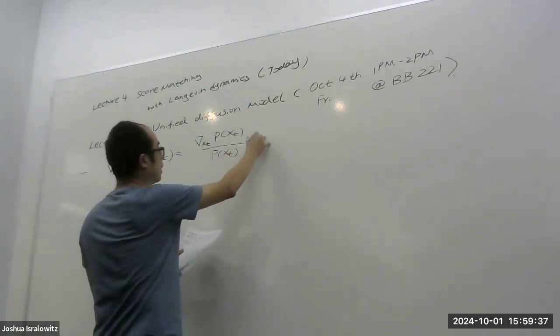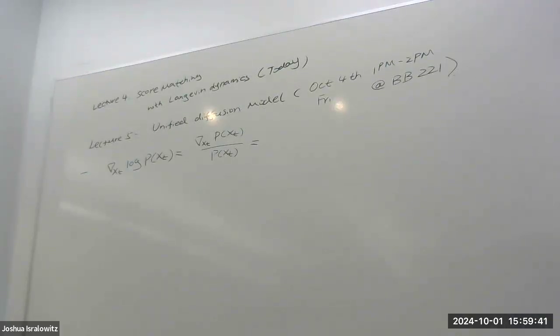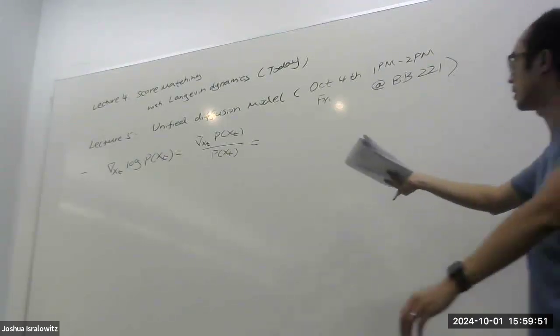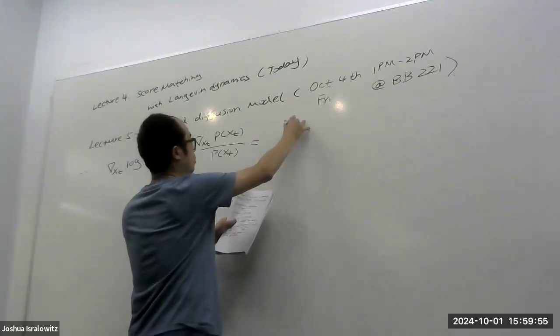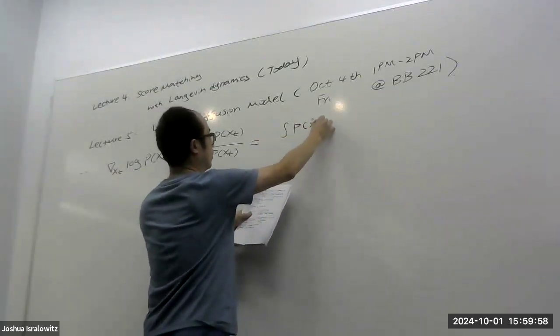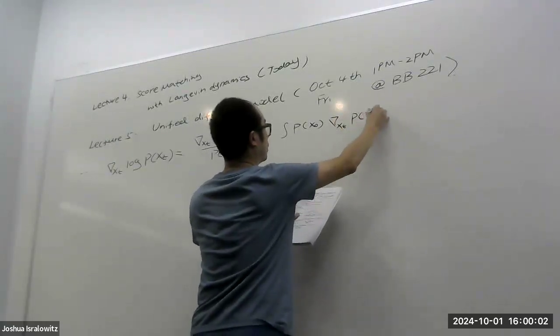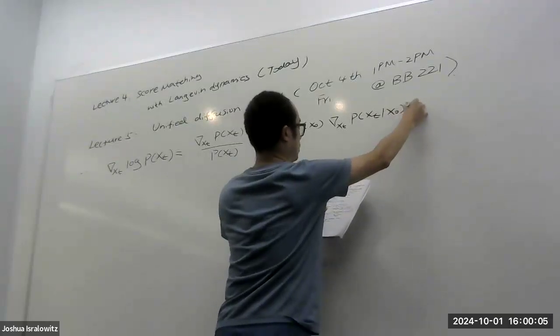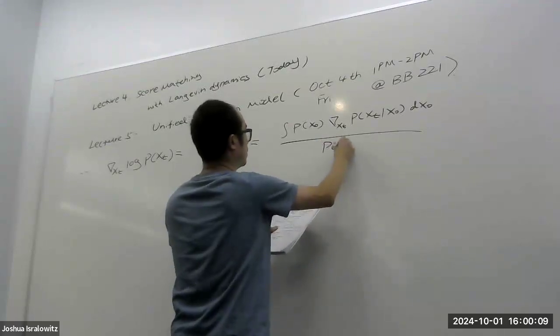The difference is that previously we used the conditional property right away for p of xt, but here we first calculate the gradient, then we use the conditional property, integrating dx0.